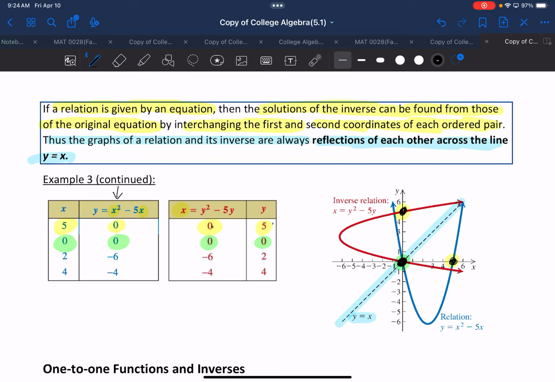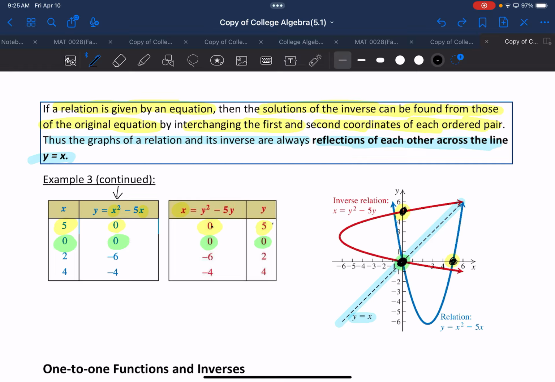But its inverse is a sideways parabola, which is in red. And that relation is not a function because it would fail the vertical. Did I say horizontal? I meant vertical, sorry. The vertical line test. That one would fail the vertical line test because it would cross through that twice, right?